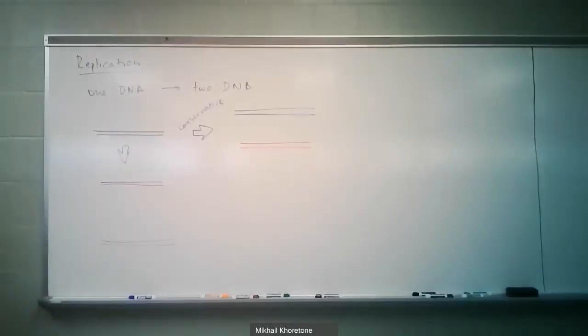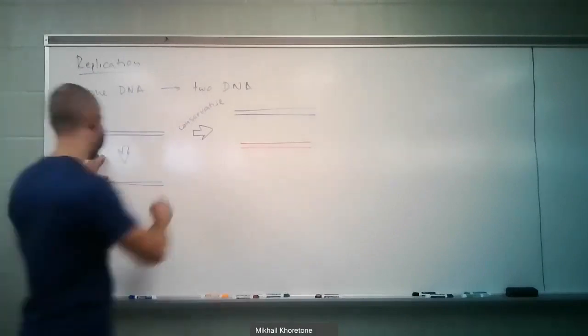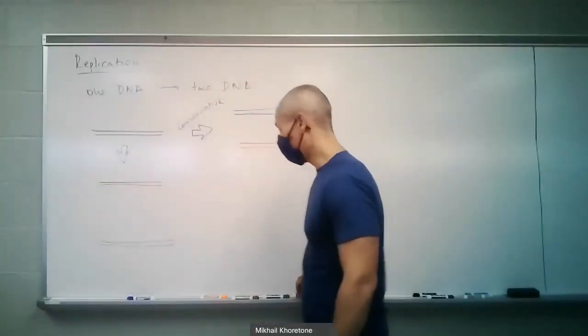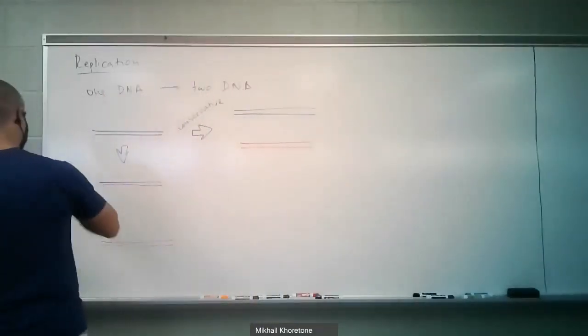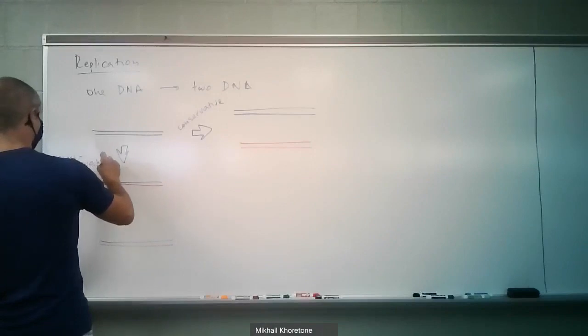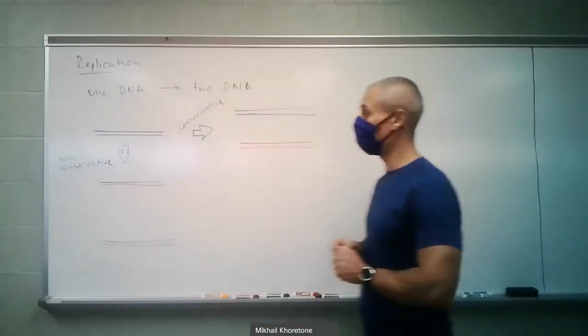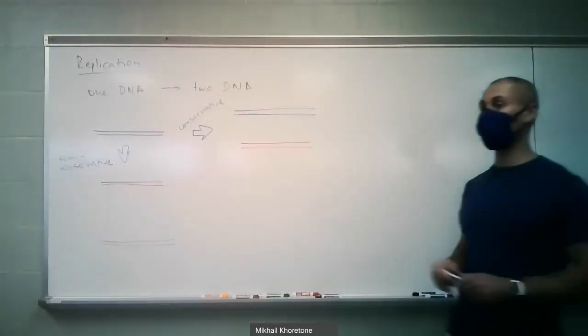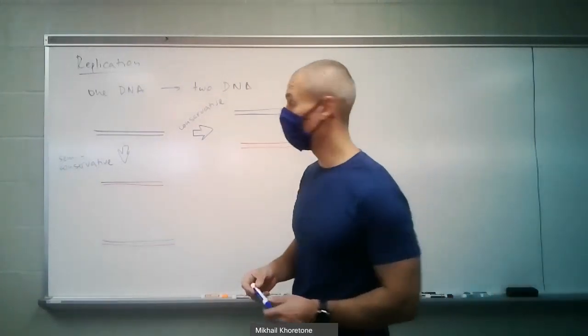Does that make sense? You see that? So this process right here was called semi-conservative replication. And the main question at the time was, which of these mechanisms actually occurs?